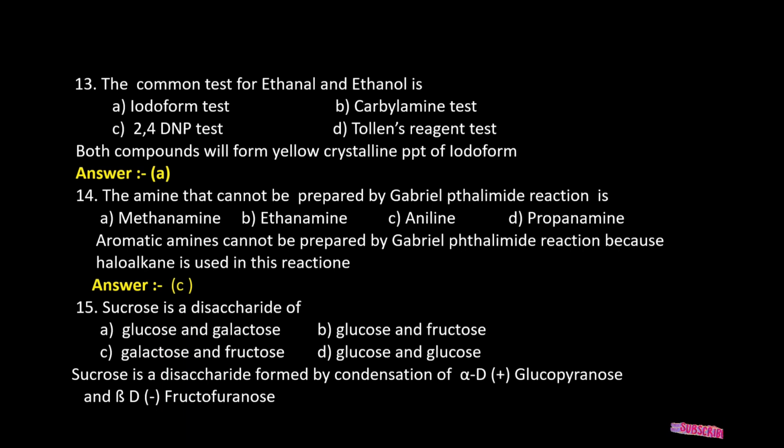Beta-D-(-)-fructofuranose means fructose in the furan form, that is a 5-membered ring form, and it is in the beta form. So glucose is in the 6-membered ring form, fructose in the 5-membered ring form. So it is the disaccharide of glucose and fructose. Hence the correct answer is option B, that is glucose and fructose.